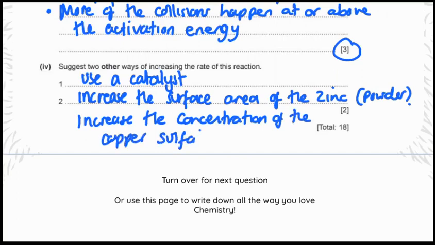sulfate. Now, again, you may know that copper sulfate is CuSO4. If you are absolutely confident of CuSO4, then you can write CuSO4. You're not going to get marked down. You don't have to write it in full.